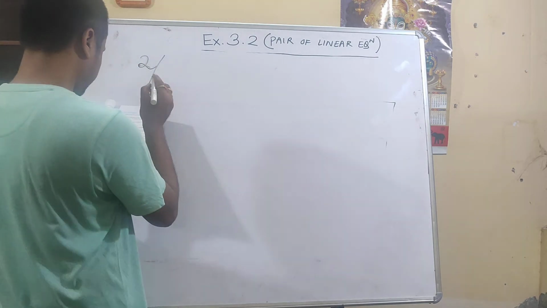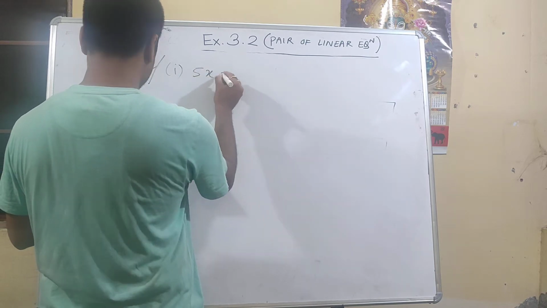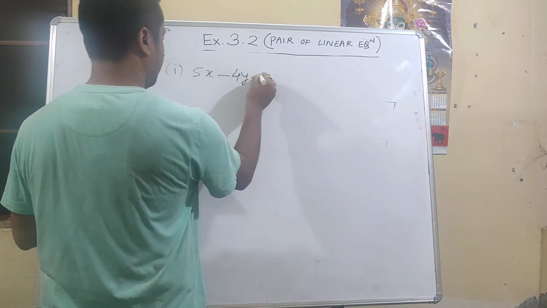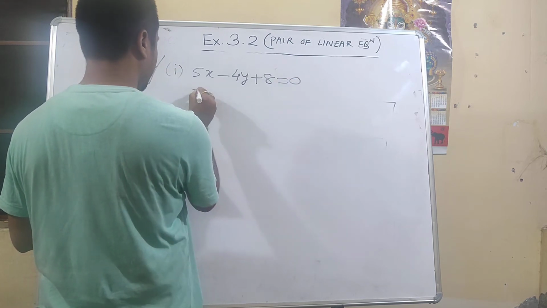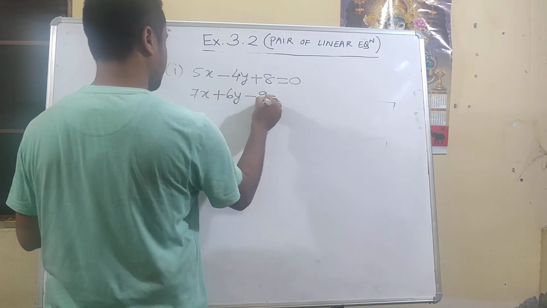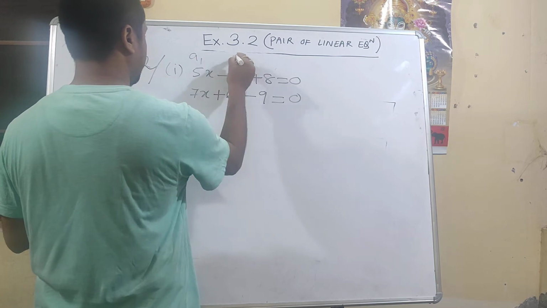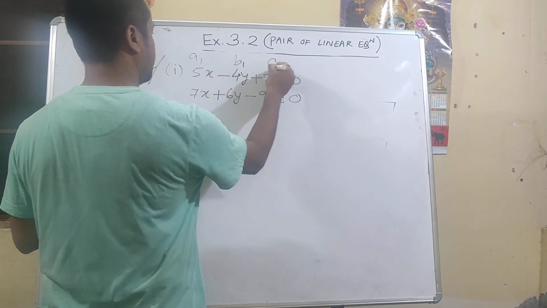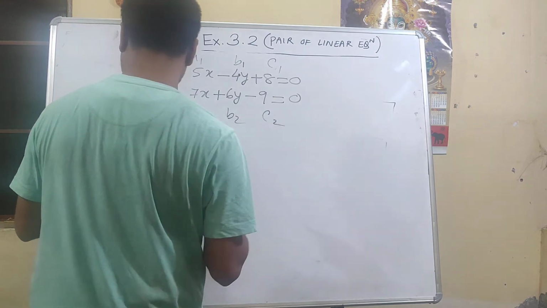So by using the condition: 5x minus 4y plus 8 is equal to 0, it is equation number 1. Equation number 2 is 7x plus 6y minus 9 is equal to 0. These are A1, B1, C1, A2, B2, C2.